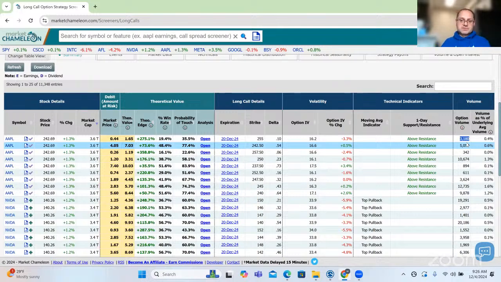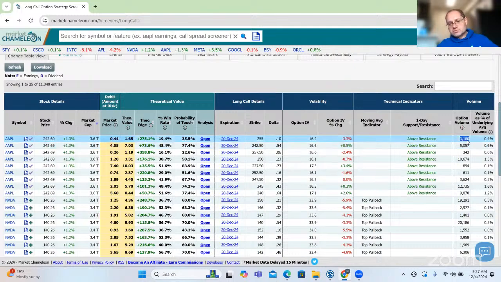It could be 3,000, could be 1,000,000, could be 100,000. What's on average if we took all the option volume on a daily basis, right? That's looking at all calls, all puts. Then we took the volume traded in this contract divided by the average daily volume. What do we get? So here you see it's 0.4%.